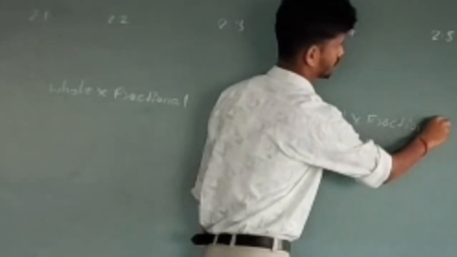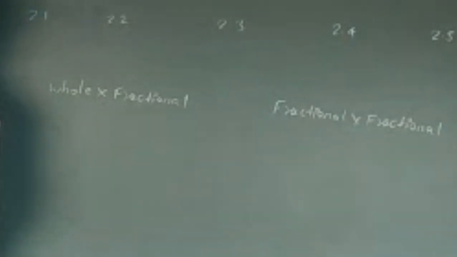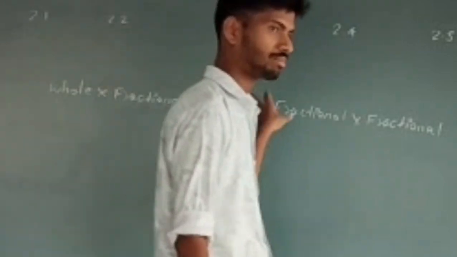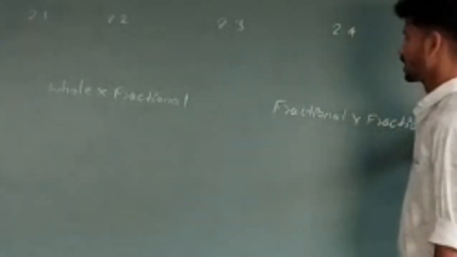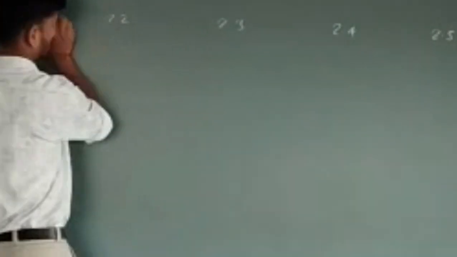In the first case we are multiplying whole numbers and fractional numbers. In the second, we are multiplying fractional numbers into fractional numbers. Now today's topic is multiplying whole numbers into fractional numbers. What are we multiplying? Whole numbers into fractional numbers.